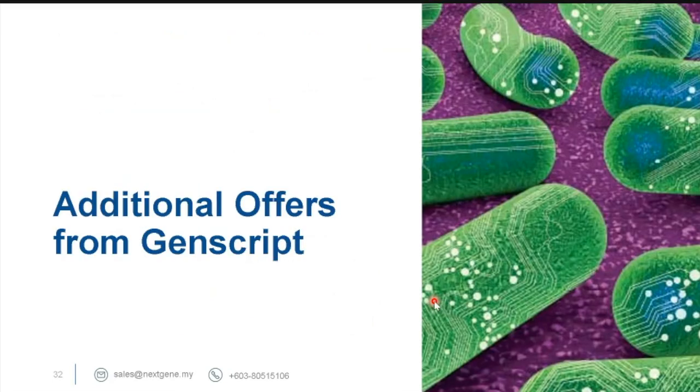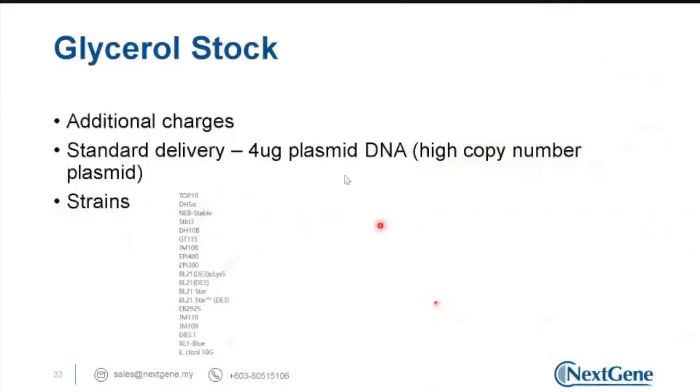So next, I shall share the additional services of gene synthesis and also subcloning. Okay. So we offer glycerol stock. In standard delivery, after the gene synthesis service, we deliver the gene within a vector. This is actually plasmid DNA in dry form.